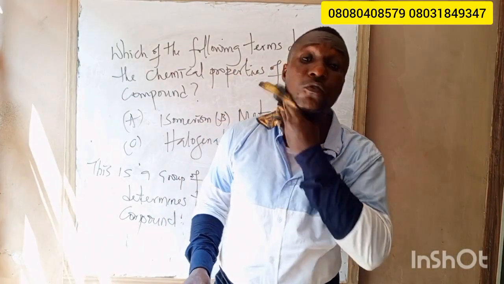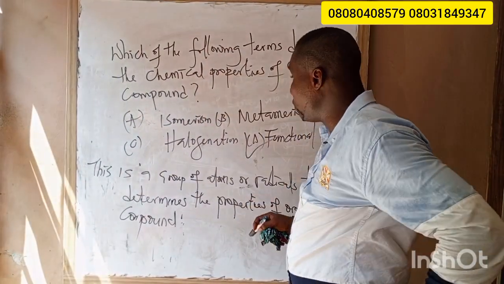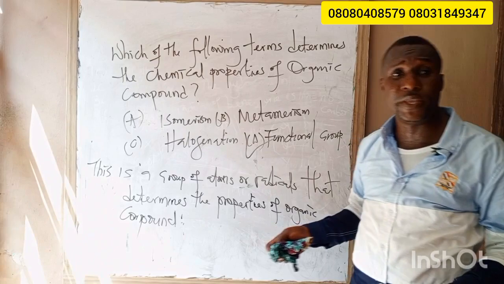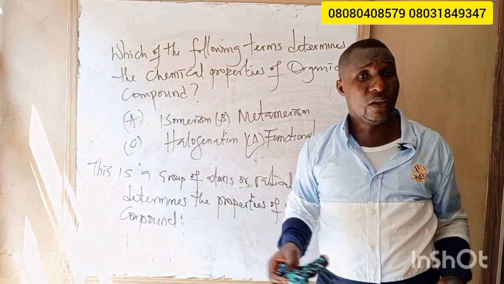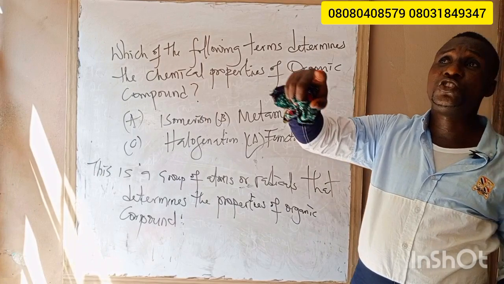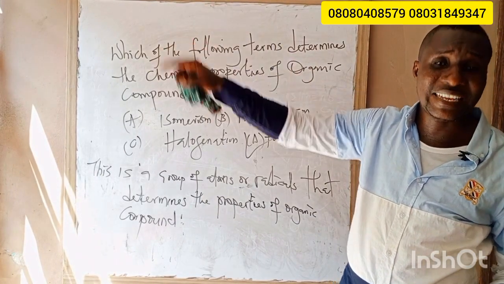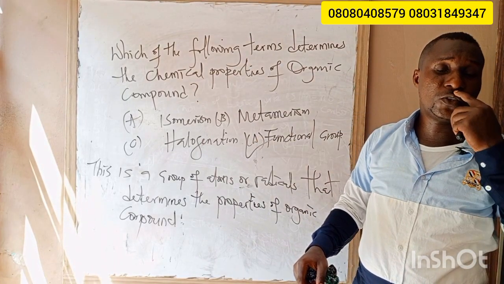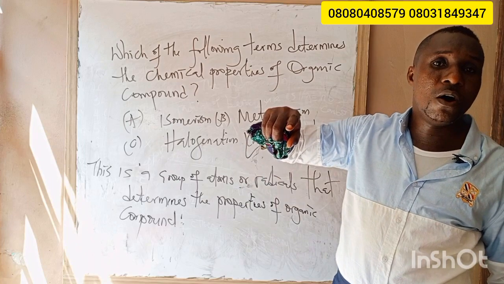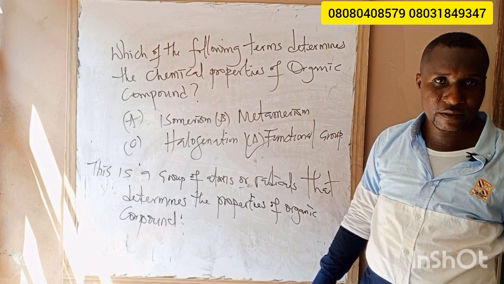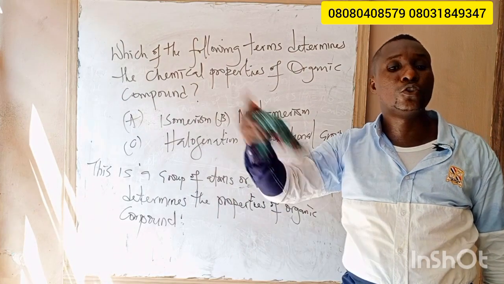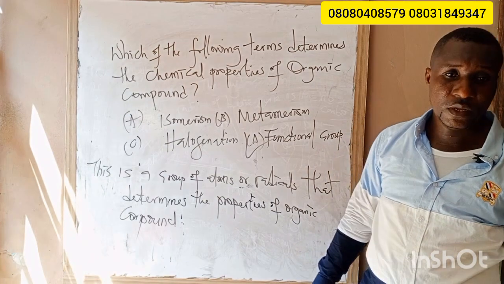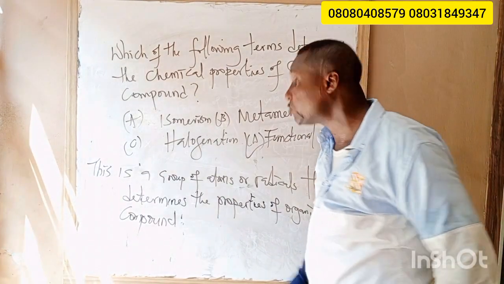Because if you come out in UTME, WAEC, NECO, they say which of the following is the structure of the functional group of carboxylic acid, of alkanoates, of alkanal, which is aldehyde. What is the name of the functional group of carboxylic acid? You have to know the name, carboxy. Let's look at that, class.